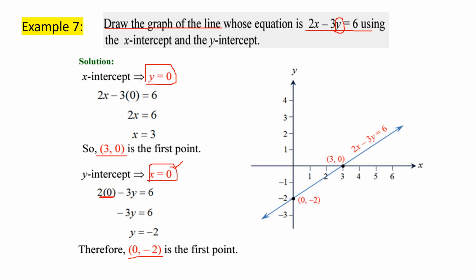One is on the x-axis and the second one is on the y-axis. The x-axis point is 3 comma 0 and the y-axis point is 0 comma negative 2. You mark 3 comma 0 on the x-axis and 0 comma negative 2 on the y-axis, and joining the 2 points will give you the line.